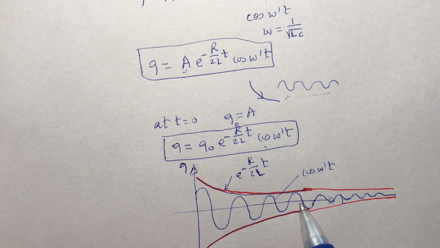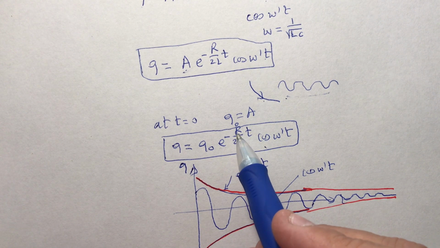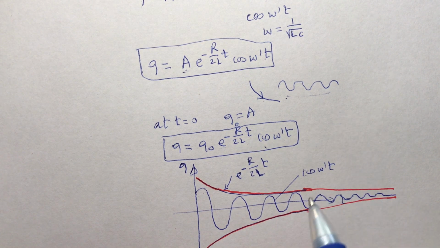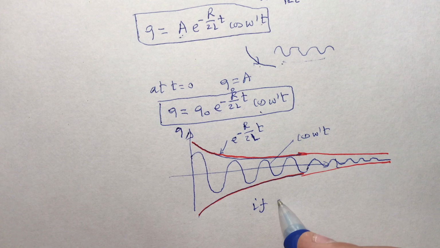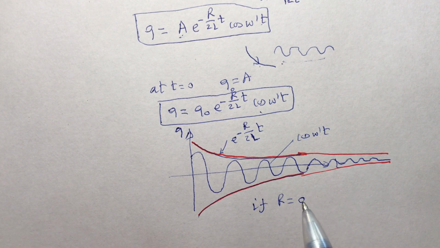So who is damping this circuit is the resistor. And where is the resistor? Look at it, it's there. Let's see what's going to happen if R is equal to 0, if we don't have a resistor.